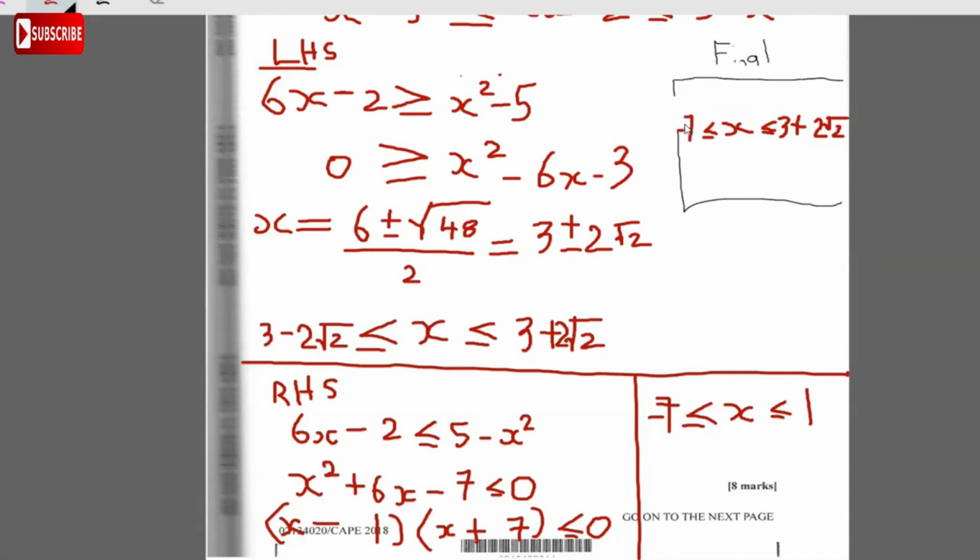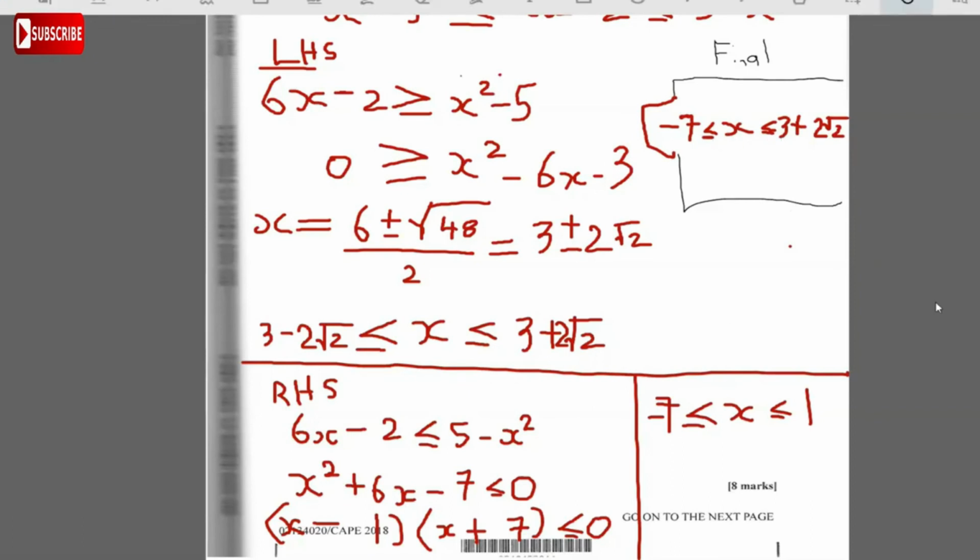That's the final answer. Anytime you get an answer, you want to check it. So you check it by putting a number. This doesn't look like minus 7, it looks like 7. It should be minus 7. So this is the final answer. X is between 3 plus 2 root 2 and minus 7.